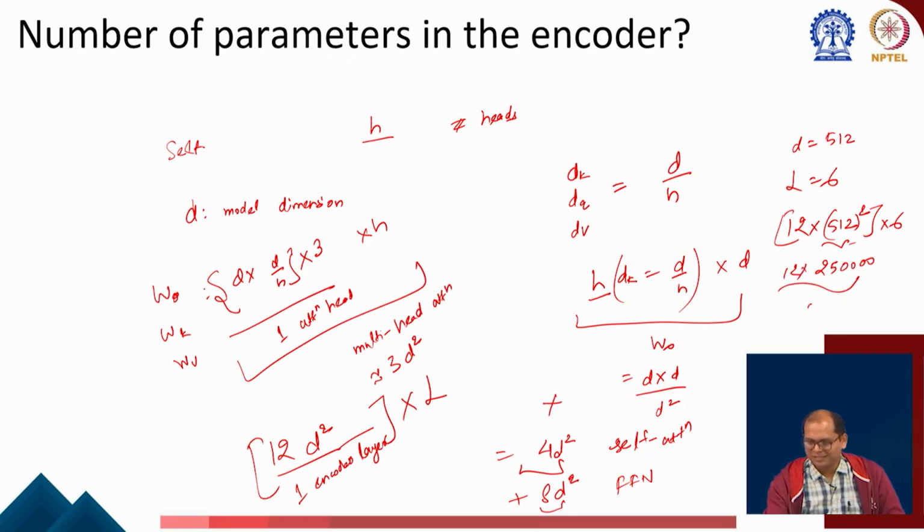This becomes 3 million roughly into 6. So roughly 18 million parameters in just the encoders, right? So encoders had roughly 18 million parameters based on their corresponding model dimension, and this would change if you change your model dimension. So this does not include the parameters for the embedding matrix. Right? So 18 million parameters, so this is a huge number of parameters that you can see in the encoder itself.